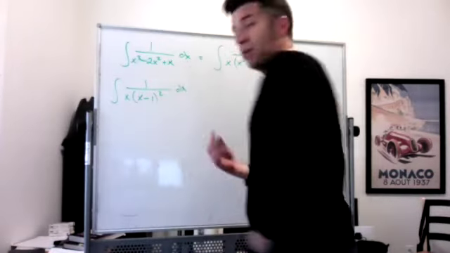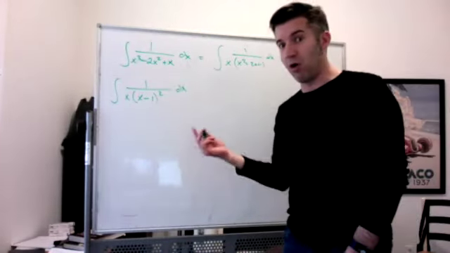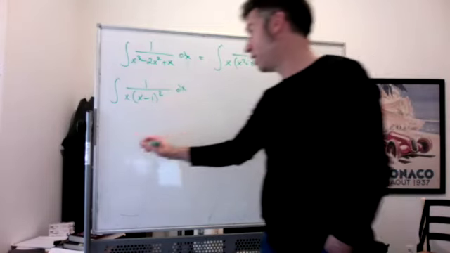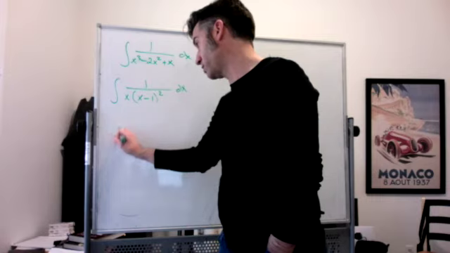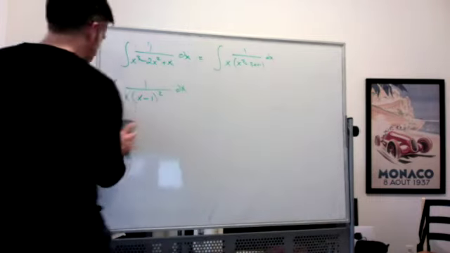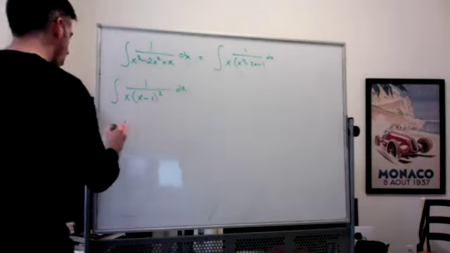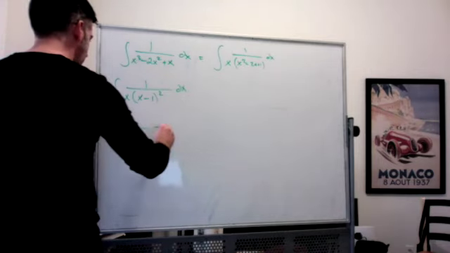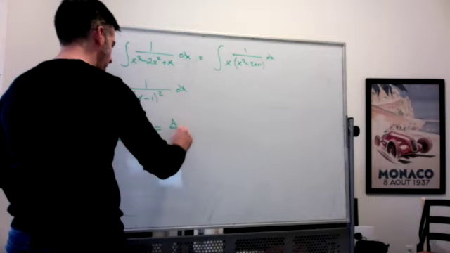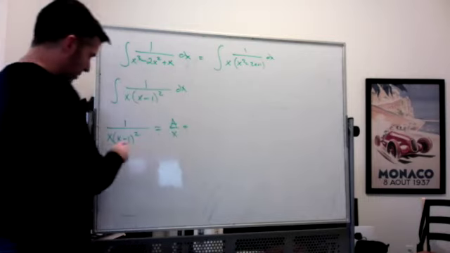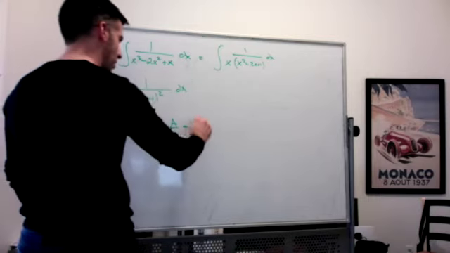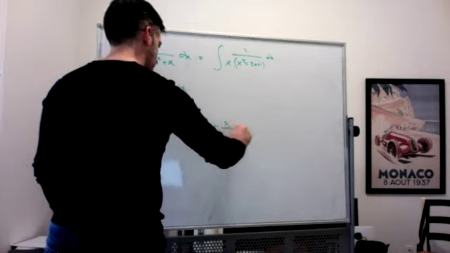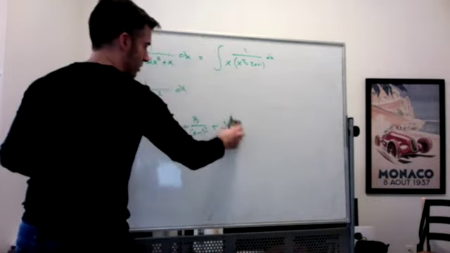So when you have a repeated linear factor, you need all the lesser powers of it in addition to whatever the highest power is. So if I'm going to write my partial fraction decomposition of 1 over x times x minus 1 squared, I'm going to write it as a over x plus b over x minus 1 squared, and then every smaller power of it, plus c over x minus 1.